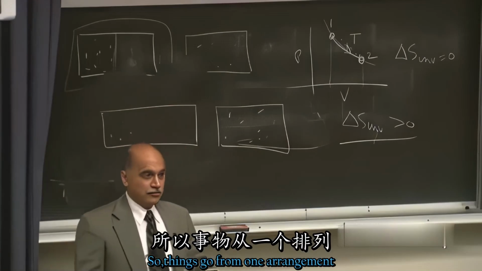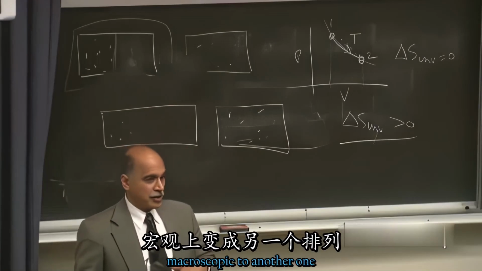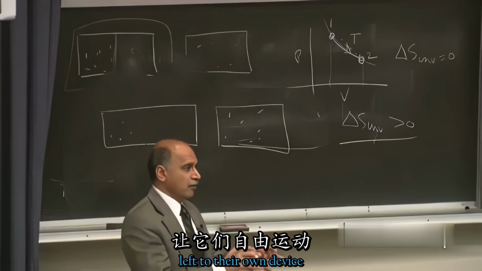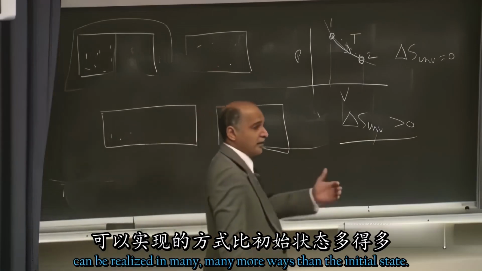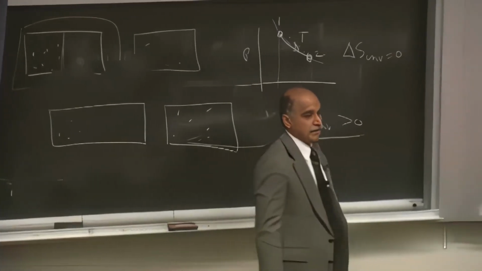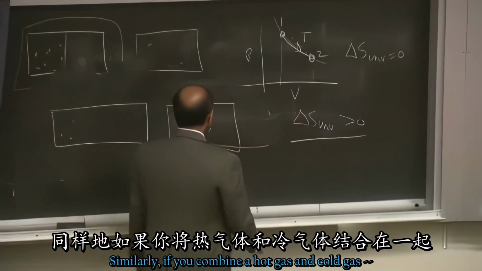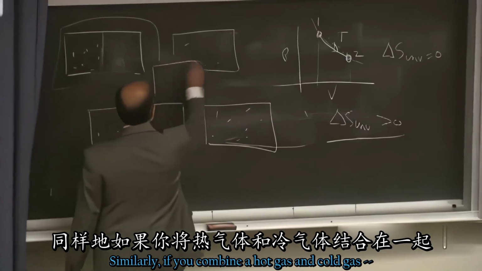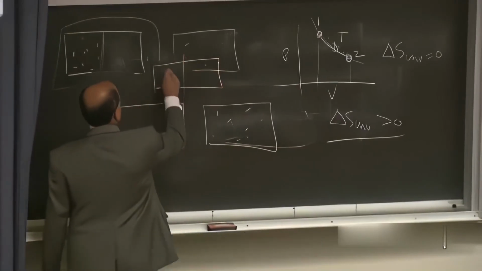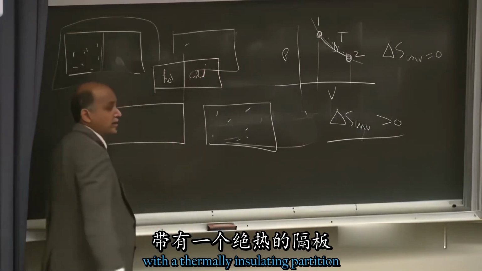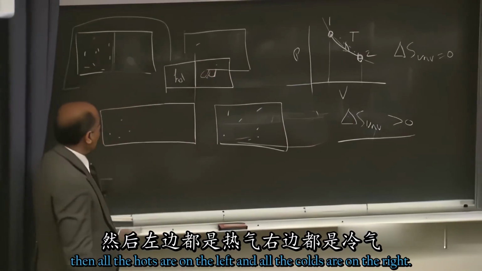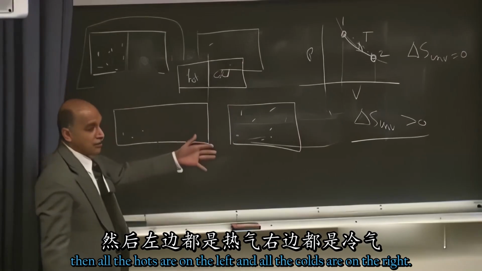So things go from one macroscopic arrangement to another, left to their own devices, because the final state can be realized in many, many more ways than the initial state. Similarly, if you combine a hot gas and a cold gas with a thermally insulating partition, then all the hots are on the left, all the colds are on the right.